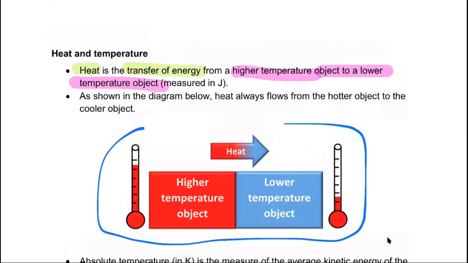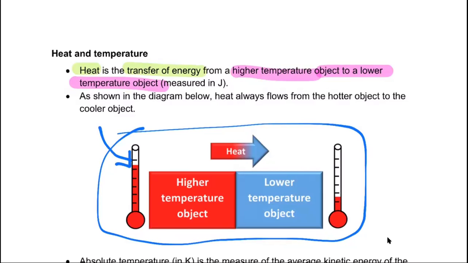If I have two objects or two substances and I put them together, then the heat is always going to flow from the warmer object to the cooler object. So the warmer object will drop in temperature and the cooler object will increase in temperature. You can see on these little thermometers, this one, the level is a lot higher. That indicates it's at a higher temperature because it has more heat.